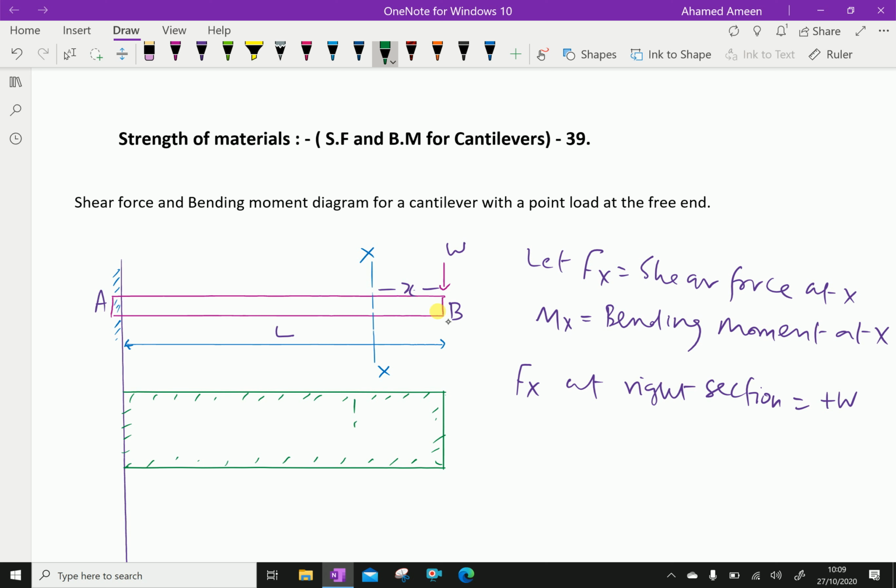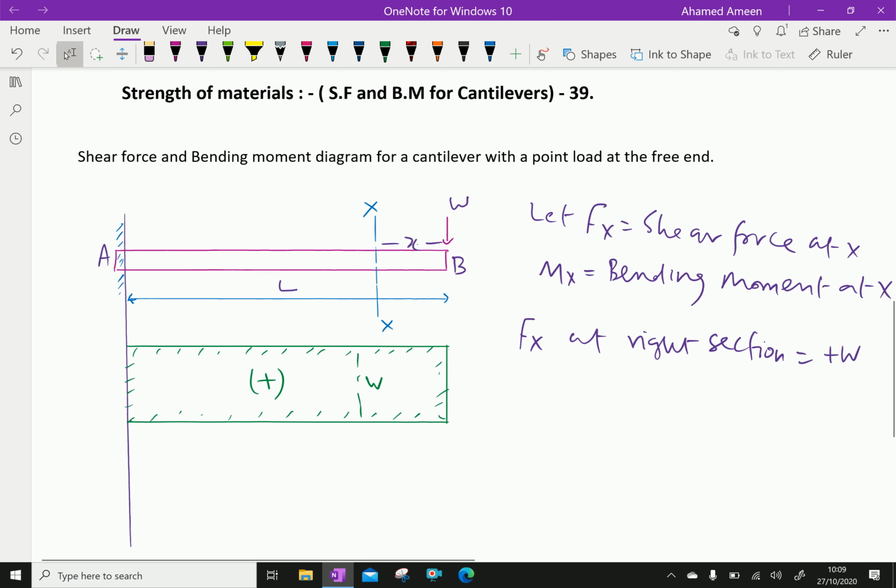From here to here is W. This is considered positive. Actually, this is the baseline, and we can keep this much as W for some scale.